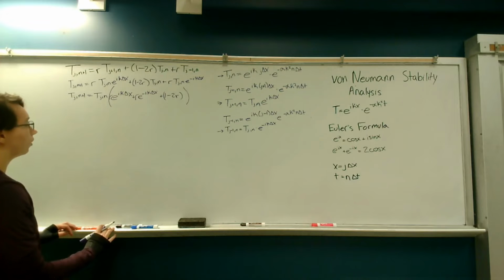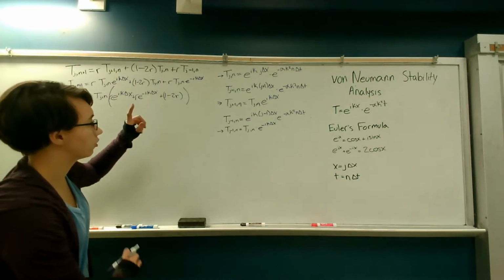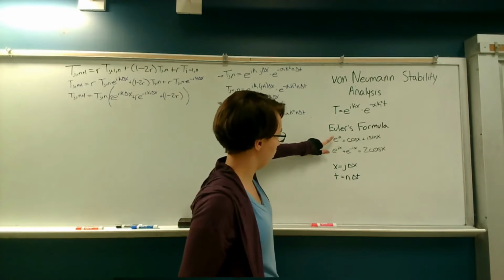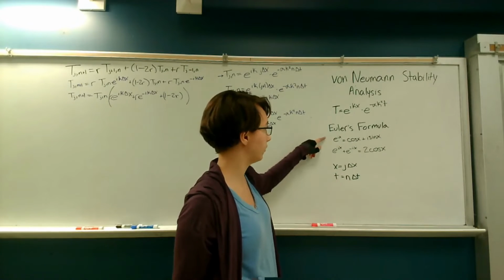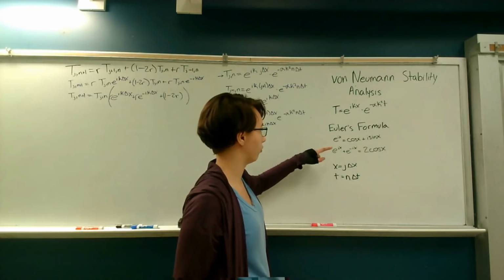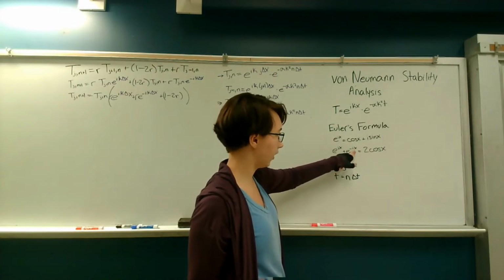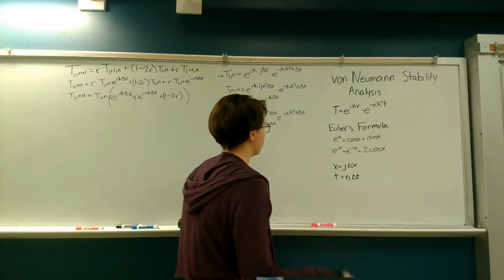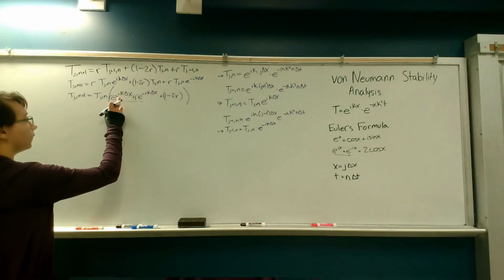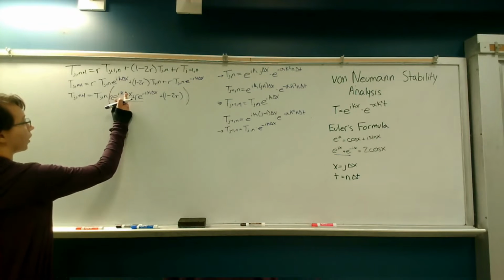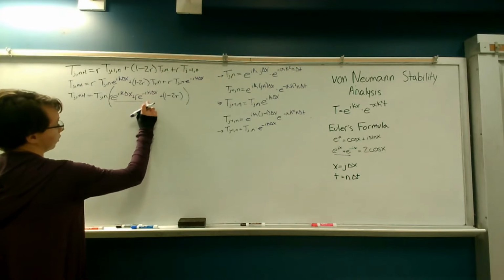So now here is where we can take into account Euler's formula. So Euler's formula is e to the ix equals cosine of x plus i times sine of x. And that can be rearranged for the form e to the ix plus e to the negative ix is equal to 2 cosine x. So this form right here is similar to what we have right here. We've got e to the ik delta x plus e to the negative ik delta x.